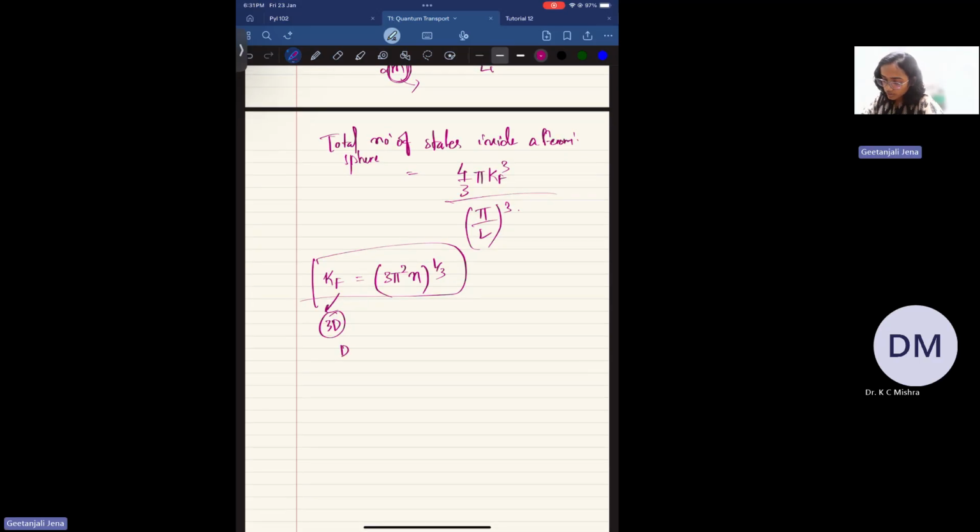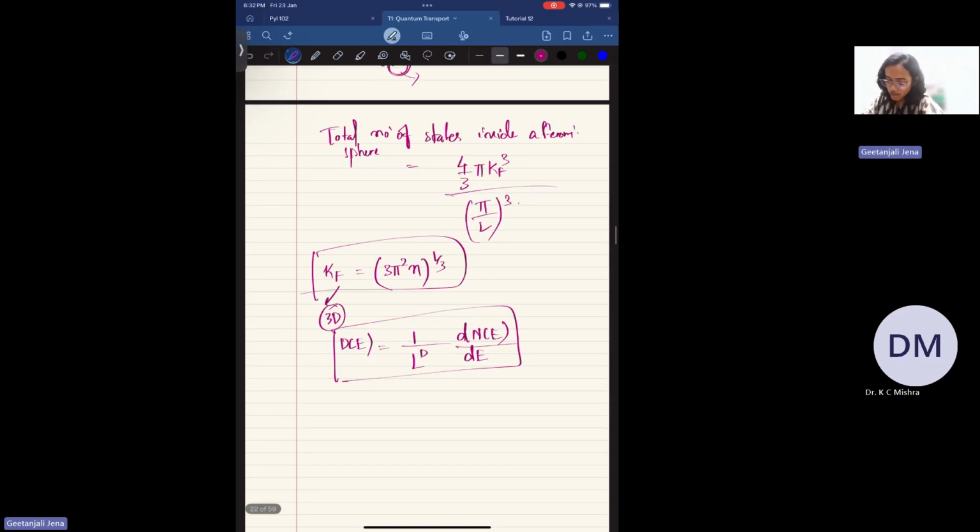So density of states, this is the general formula for finding the density of states. If you know the total number of states and you take the derivative with respect to the energy, then we can find the density of states.